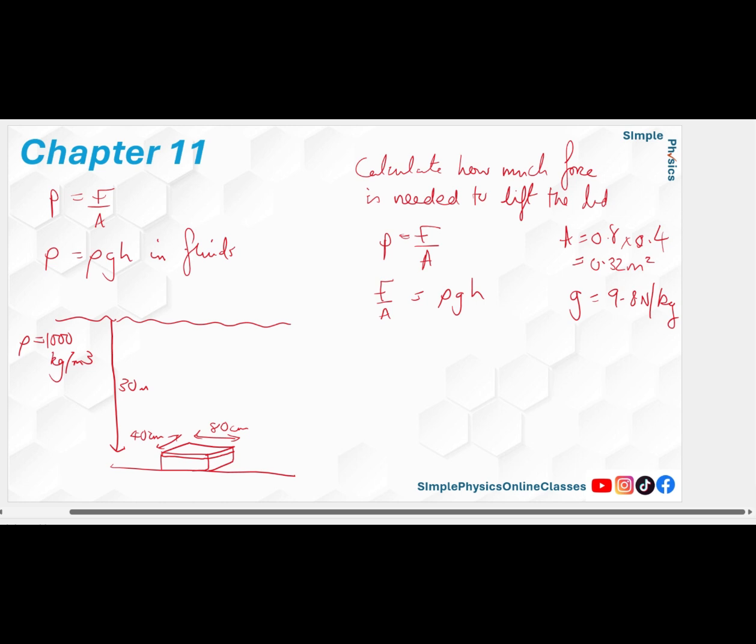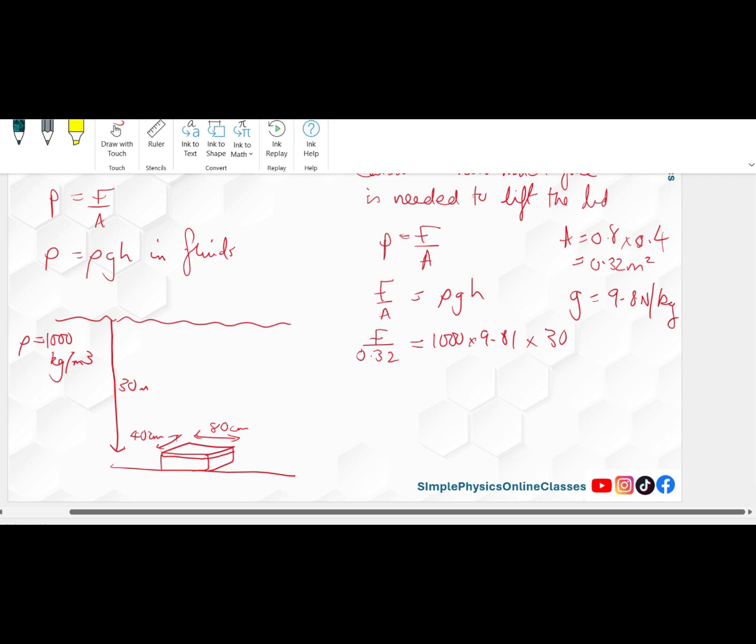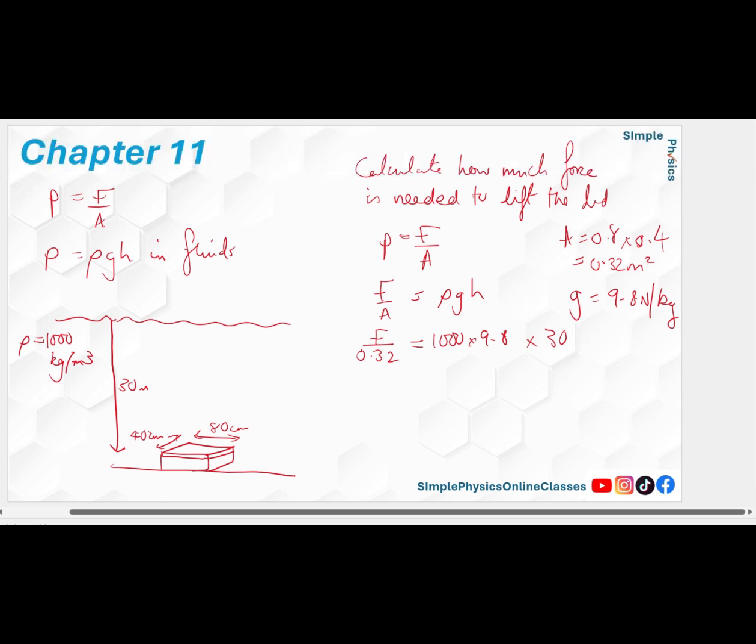So what do we know? Force over 0.32 is equal to the density times 9.81, and the height is actually the depth, times 30. So we put it all in. Actually, I've used 9.81 there, which is actually A level. There's no harm in using it, but I guess stick to 9.8.